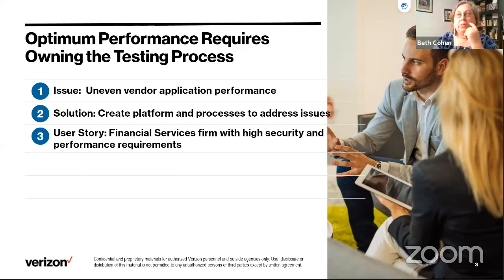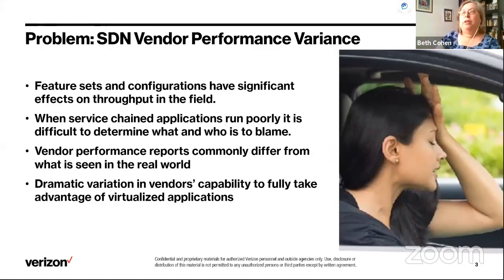So I'm going to talk a little bit about what the issue is, which is we have vendor applications that have very erratic behavior on our cloud. What we did about it, and then I'm going to give a little user story for one of our customers. So here's the issue.